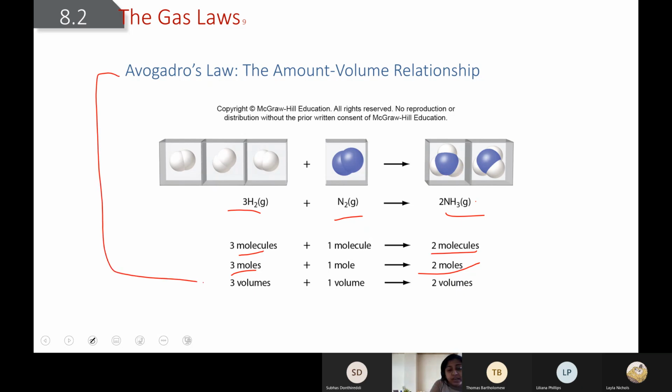Now, with Avogadro's law, if the temperature and the pressure have not changed, if those two are constant, then I could say 3 volumes plus 1 volume gives 2 volumes of ammonia.